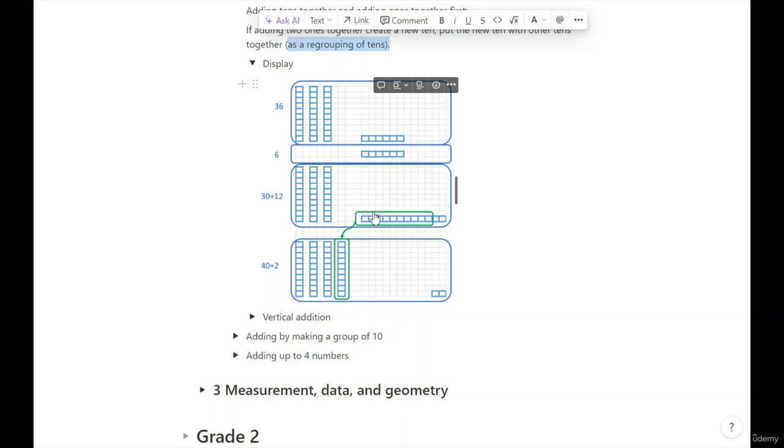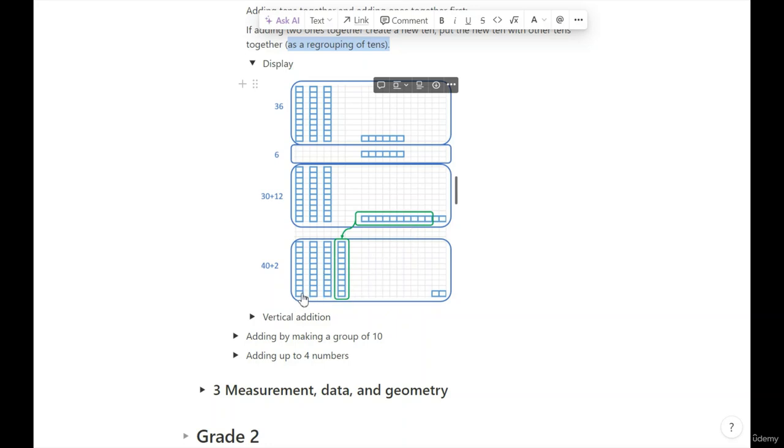So this new 10 from 12 will be regrouped with other 10s here. So that means we will put this 10 here.